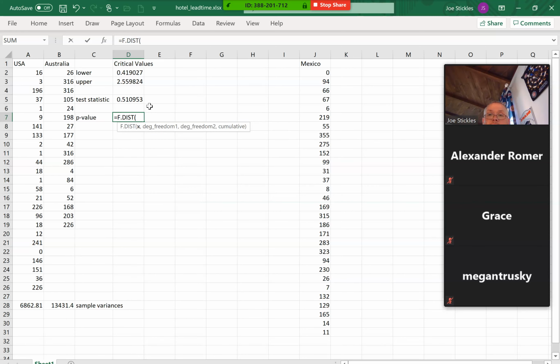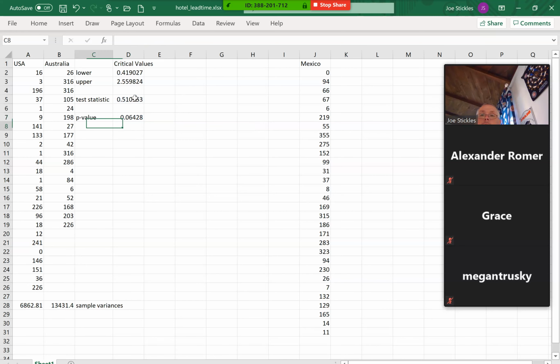I'll do the F.DIST command, grab the test statistic, put in your degrees of freedom for numerator and denominator, and then say cumulative. The reason I'm going below is because it's below 1. If this value were above 1, I would do F.DIST.RT to get the probability above it.